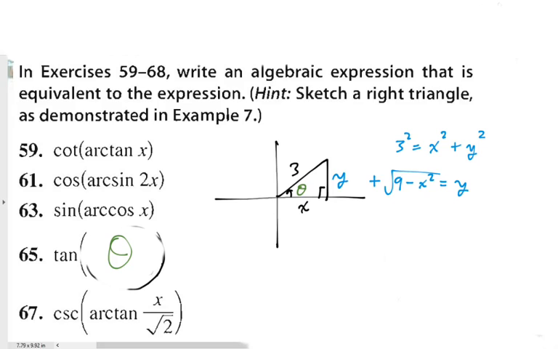You do plus or minus. However, we know that it's positive because we're in quadrant 1. All right, so now we have it. Get rid of that y and put square root of 9 minus x squared. All right, so now we have our opposite. We have our adjacent side. So what is tangent of this theta? I will tell you. It is square root of 9 minus x squared over x, and that's your answer.